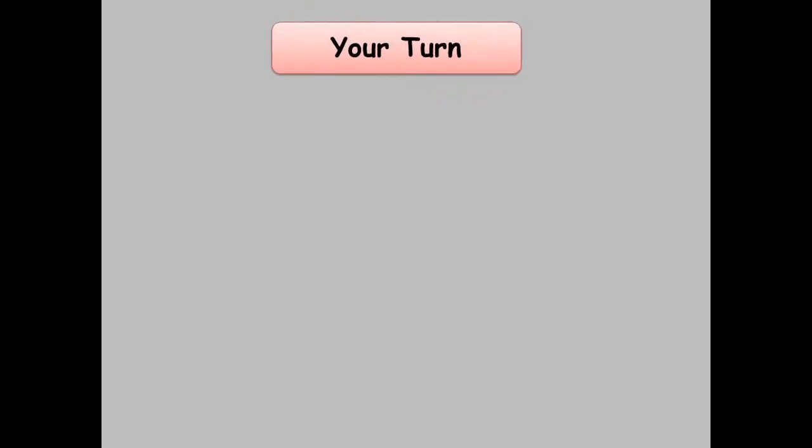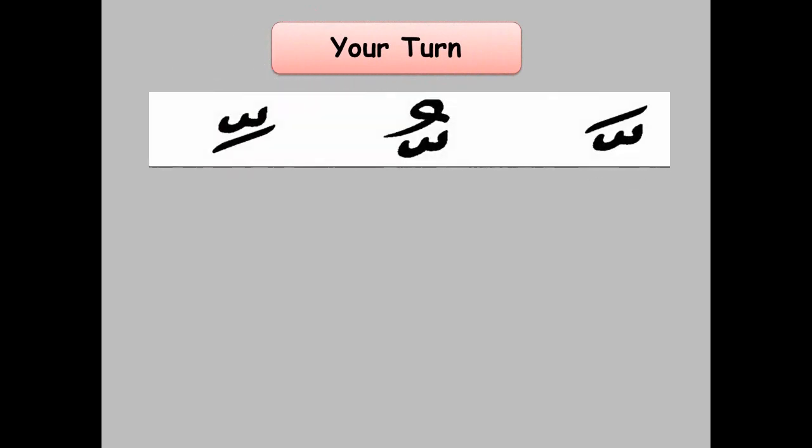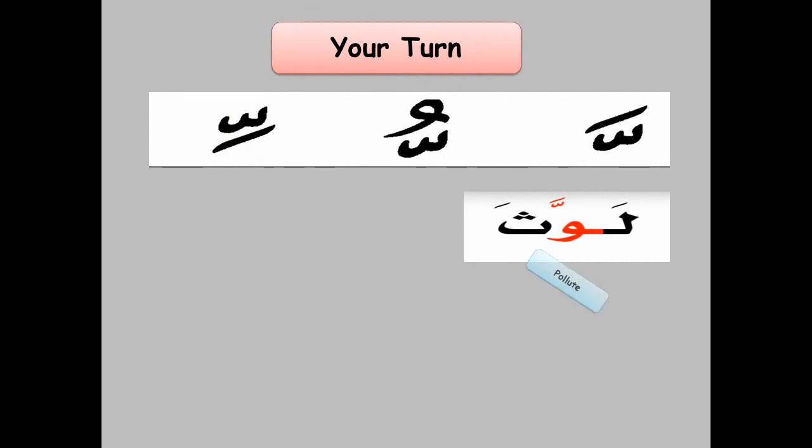It is your turn now to pronounce these letters using shadda with fatha, shadda with dhamma or shadda with kasra. For example, can you pronounce this word? Lawwatha. Lawwatha means to pollute.